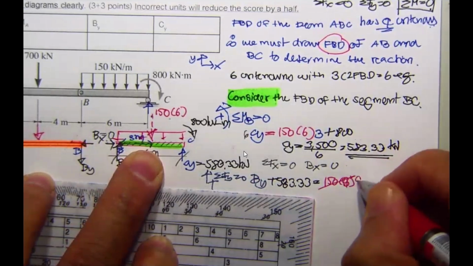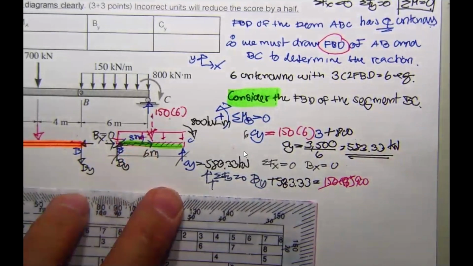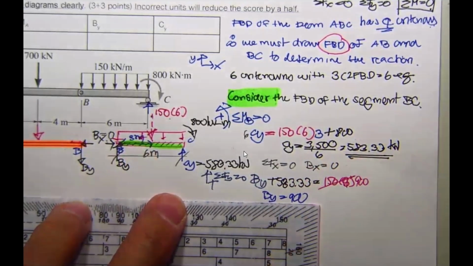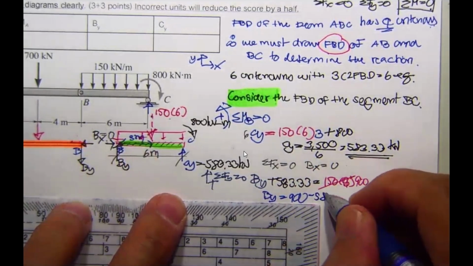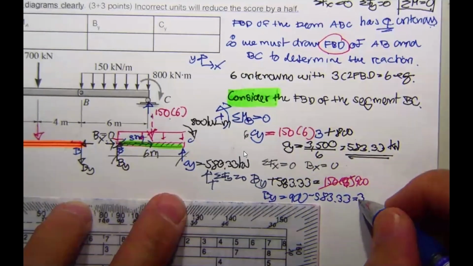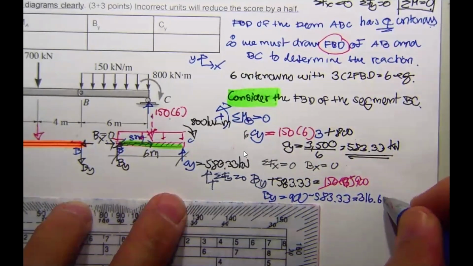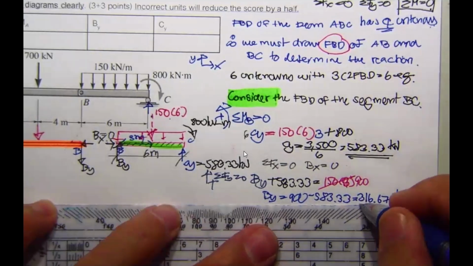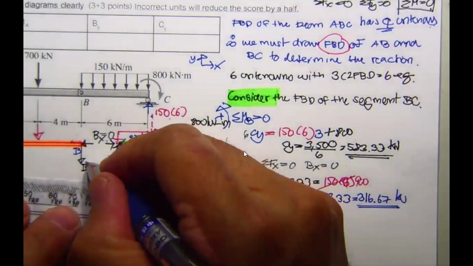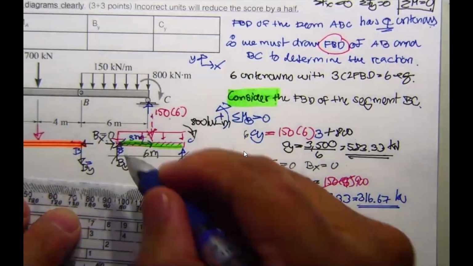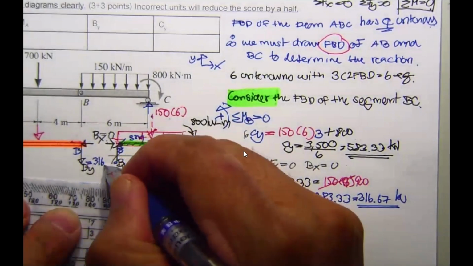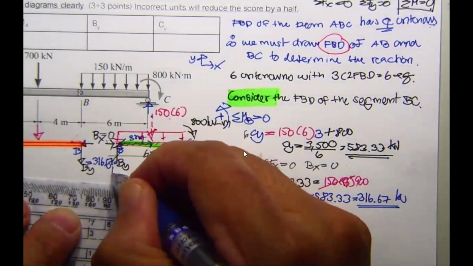This is actually 900. So B sub y is 900 minus 583.33, and you should get 316.67 kilonewton. Through equilibrium, we determine the reaction of this one is the same, 316.67 kilonewton.